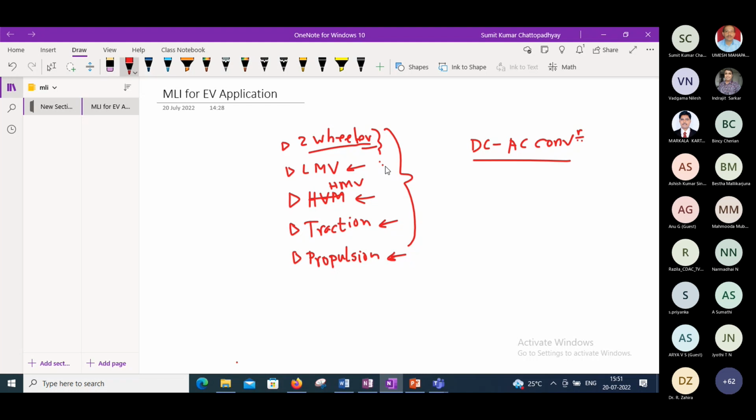But when it is about heavy vehicles, like a few hundreds of kilowatts, there it can make sense. How, will come gradually.